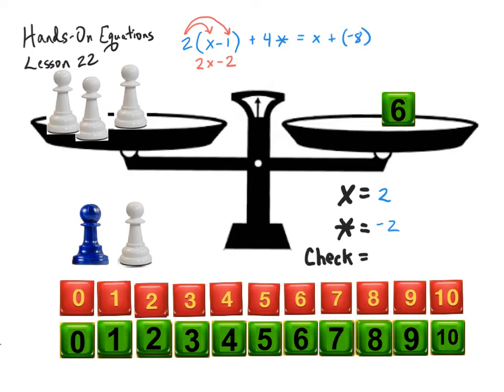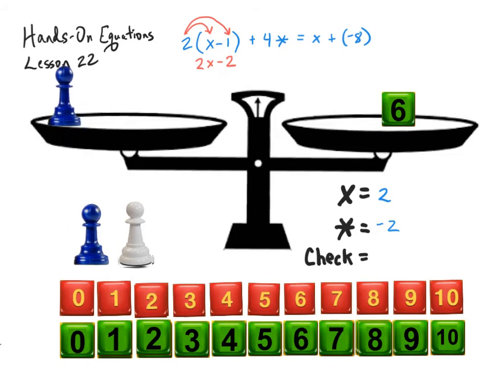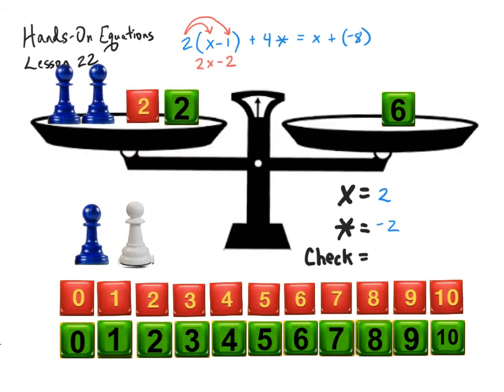To complete our check, we're going to set up our original equation. And in our original equation, we had 2x minus 2. That was after we distributed the 2 to the x and to the 1. So we needed 2 x's, and then we needed to subtract 2. To do that, we added a 0 pair, then subtracted a 2.